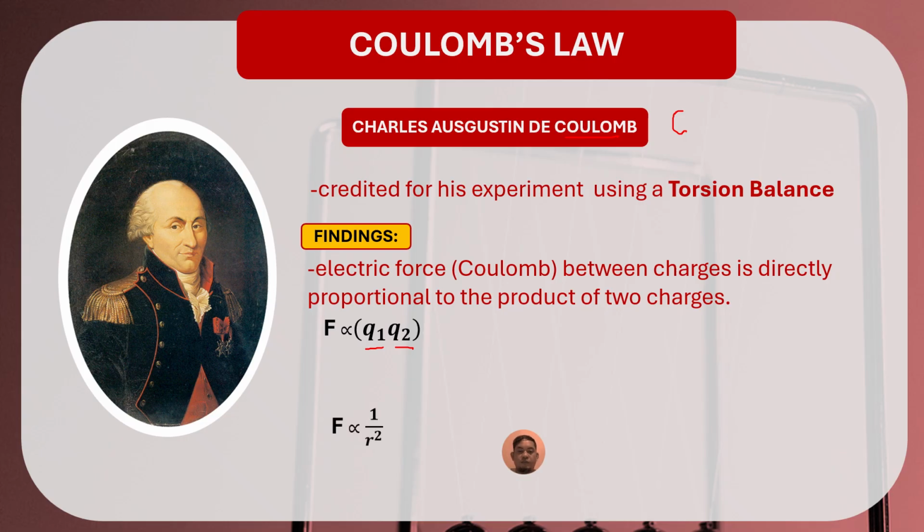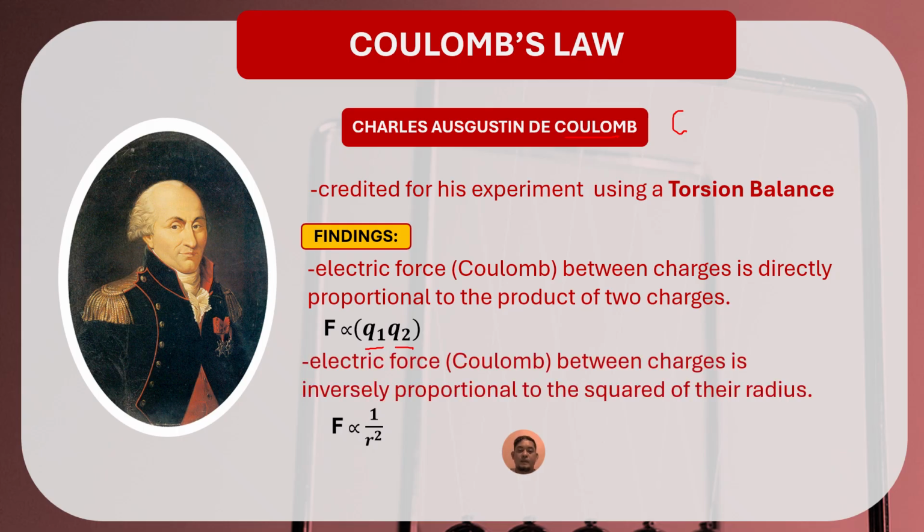Next finding, force is inversely proportional to the square of the radius or distance. Likewise, Coulomb force is inversely proportional to the square of their distance. And if you noticed, if the charges are near, a shorter distance will have a greater attraction or repulsion.